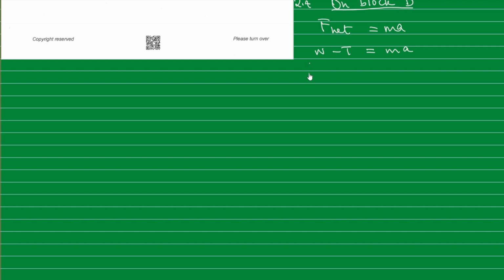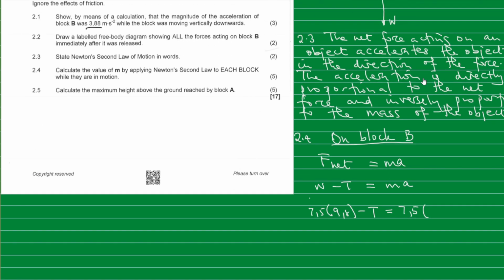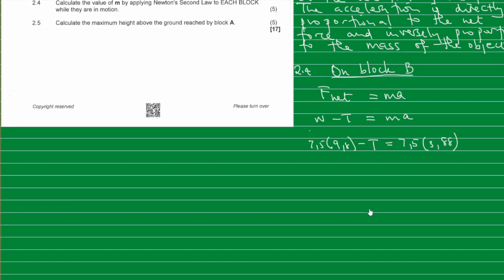Remember, block B is 7.5 kg, by 9.8, minus the tension, is equal to the mass again, 7.5, multiplied by the acceleration. The acceleration we are given as 3.88. And then from there, we will calculate our T.